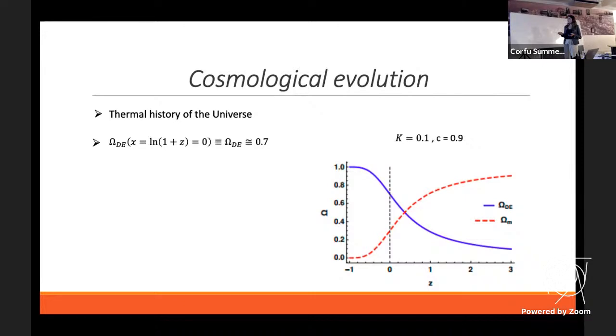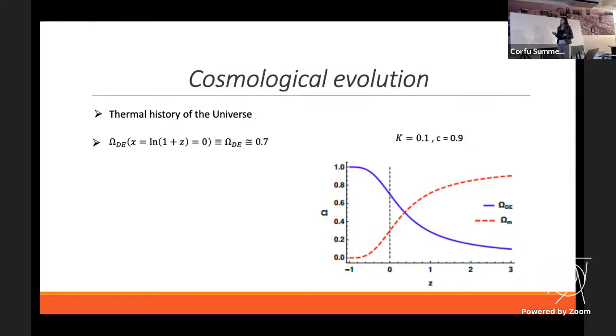As we can see, this graph is in terms of redshift Z. At the present time, we can see that omega dark energy is equal to 0.7, in agreement with observational data, and of course, omega matter is equal to 0.3, also in agreement with observational data.